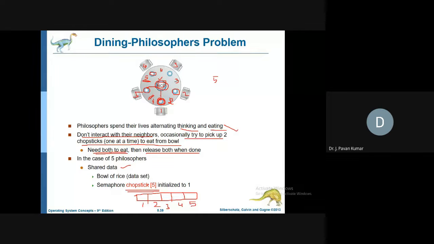Yes, you can send message also. Yes, please respond, ma. What is the use of semaphore? Why we will use semaphore?